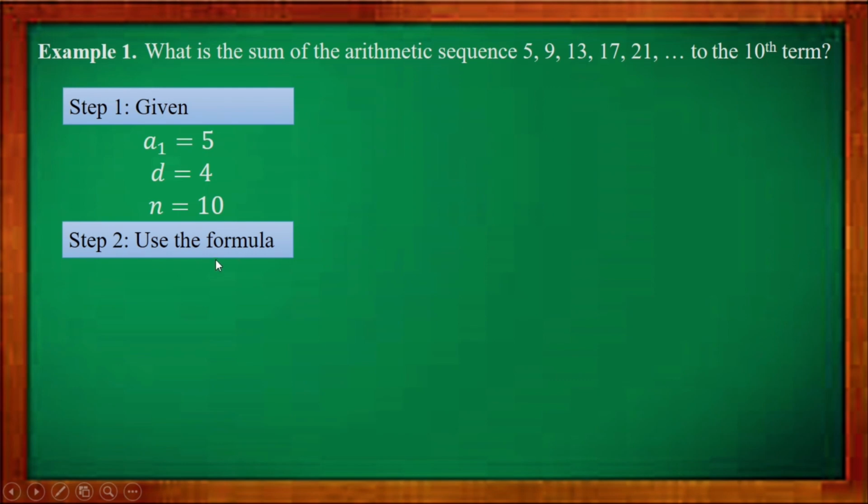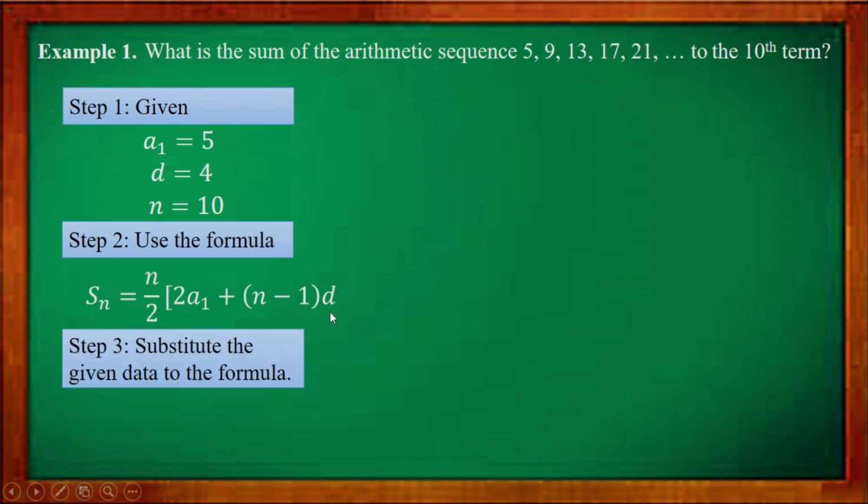The next step is to use the formula in getting the sum of this arithmetic sequence. And the formula again is S sub n equals n over 2 multiplied by the quantity 2a sub 1 plus n minus 1 times d. There is a bracket here. Step 3 is substitute the given data to the formula.